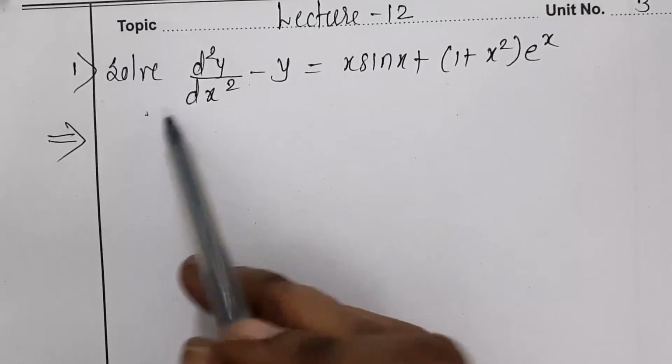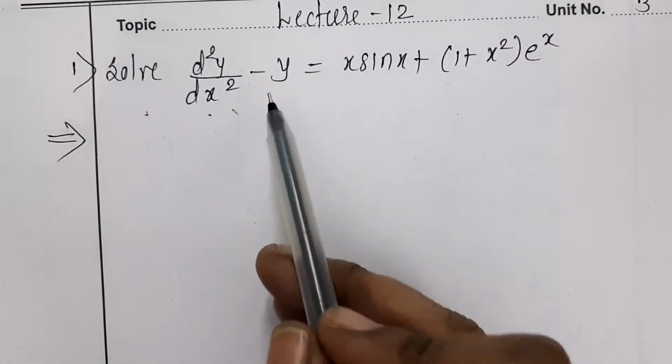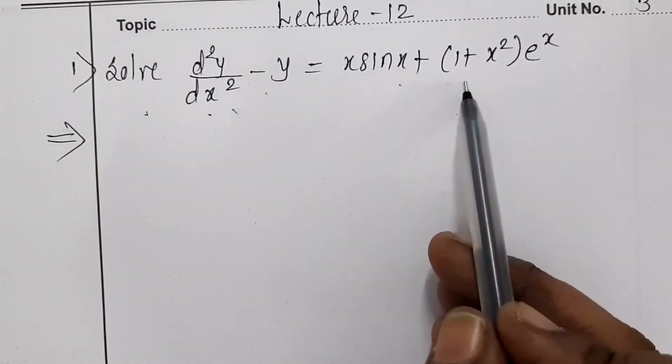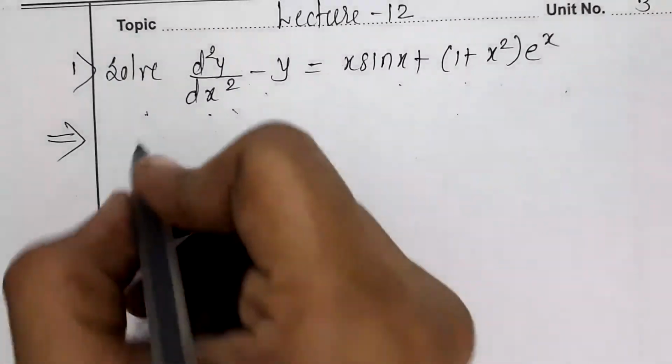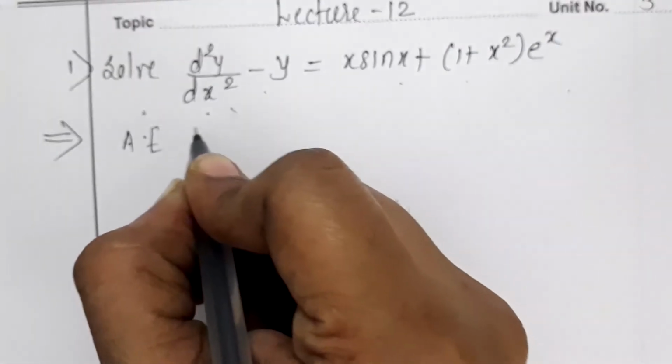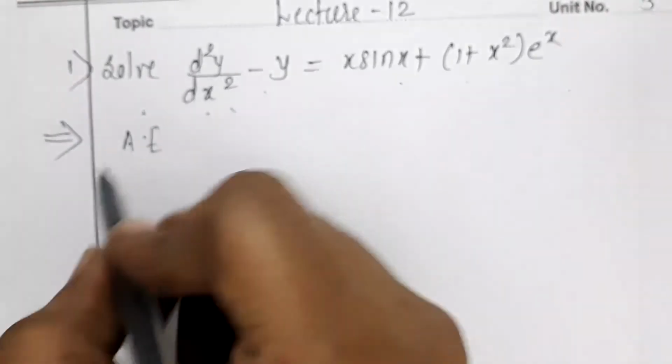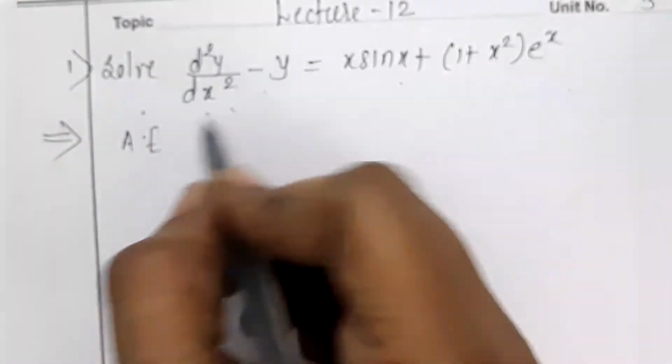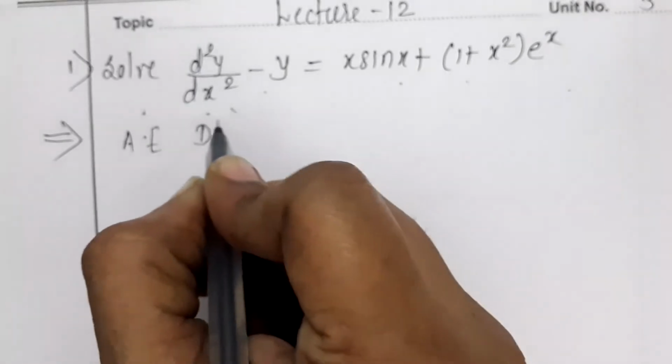Welcome to the first example: solve d square y by dx square minus y is equal to x sin x plus 1 plus x square into e to the power x. First, write d square y by dx square in terms of the D operator.